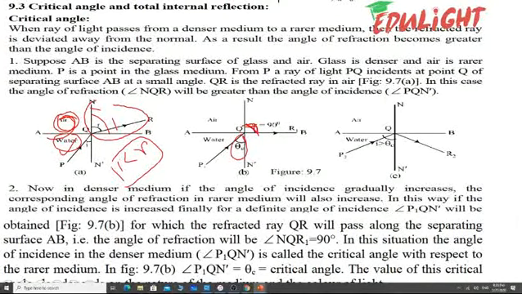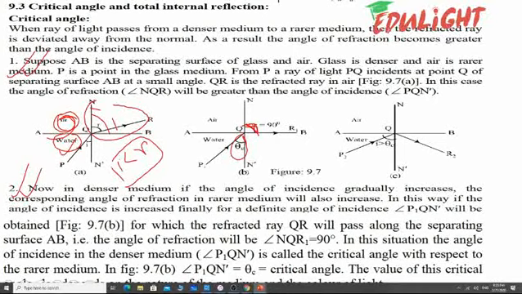This is as simple as that. All the elaboration we are seeing here is only the geometrical discussion of the phenomenon happening here.